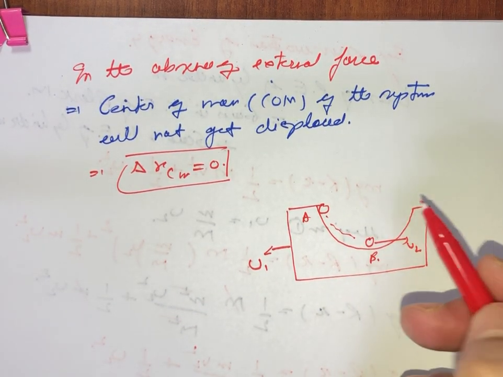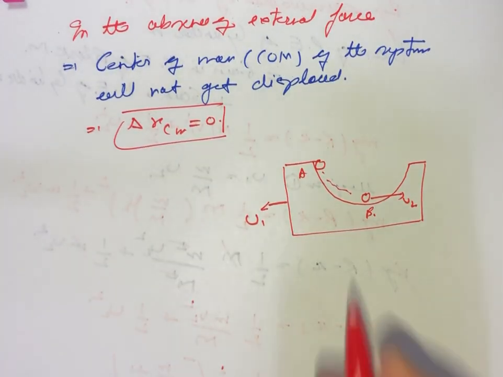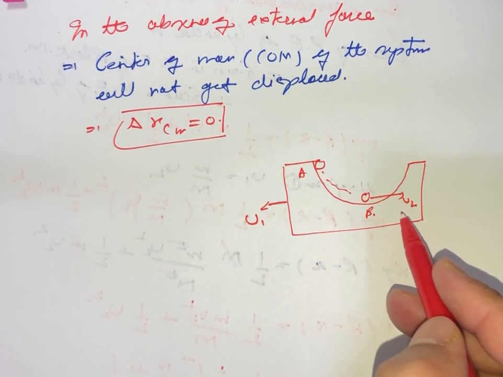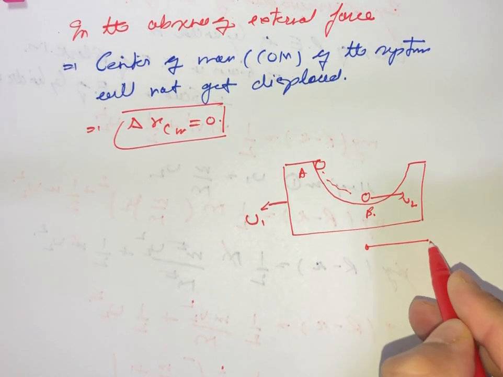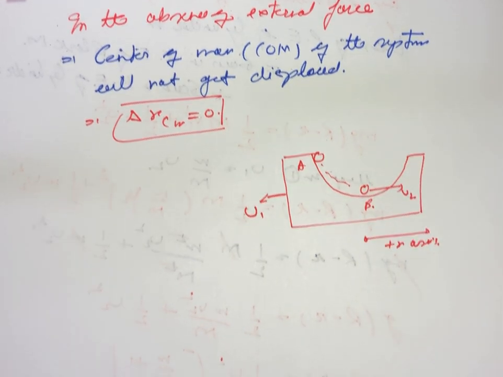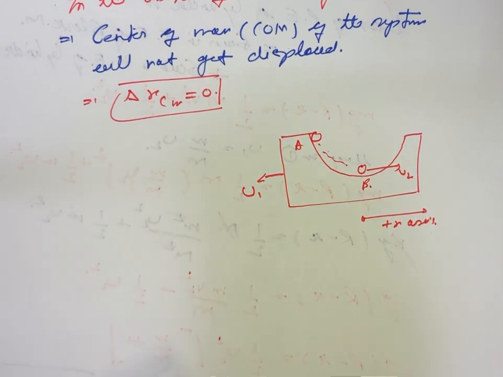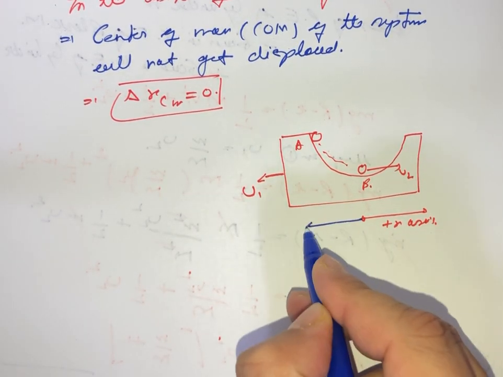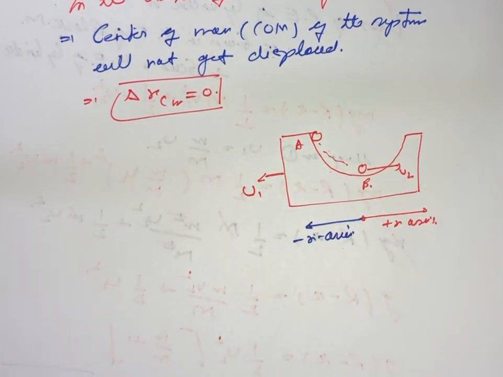Okay, and let us suppose that we assume that towards right is our positive x-axis. So this is positive x-axis, and towards left we say that this is our negative x-axis. Okay.